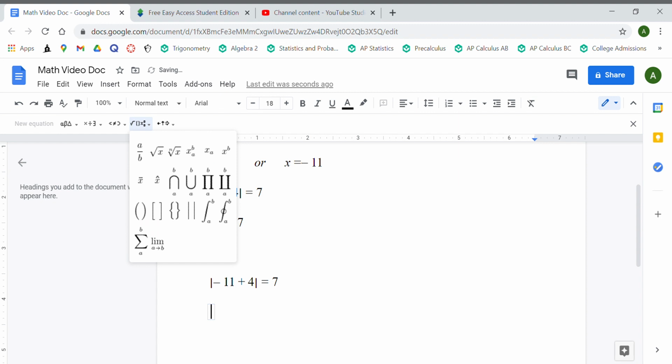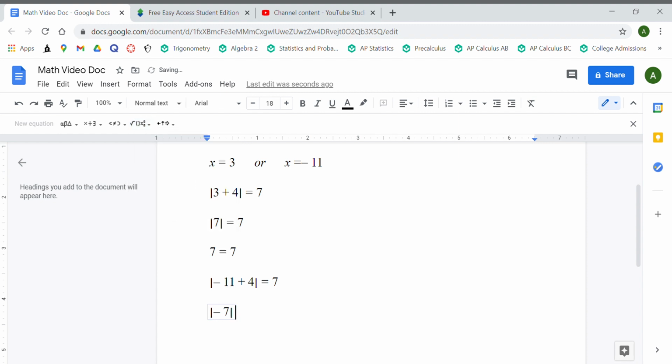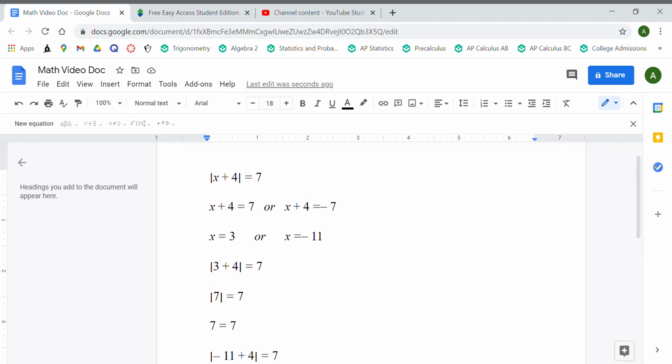Hopefully it does. Now notice that this is still 7 units away from 0, guys. So this solution right here actually does check. So we have both x equals 3 and x equals negative 11 as valid solutions to this first equation that I just gave you.